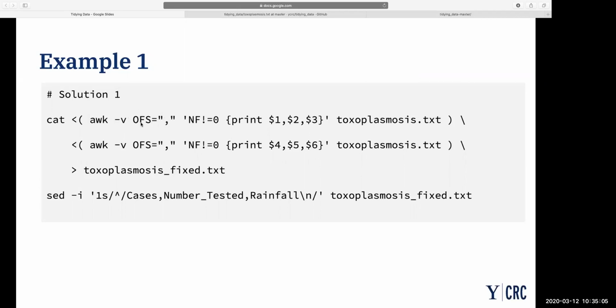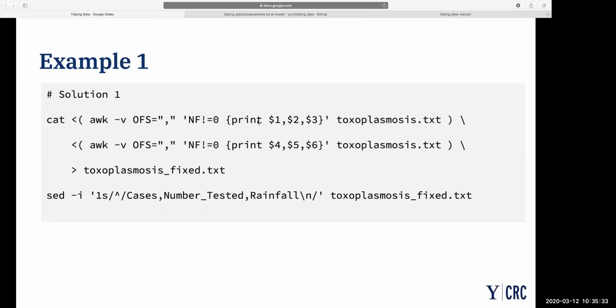OFS means output field separator. Then I'm saying, please print as long as there are more than one field detected. So this is another way to sort of skip empty lines. I'm saying, please print the first, the second, and the third column from the file called toxoplasmosis.txt.